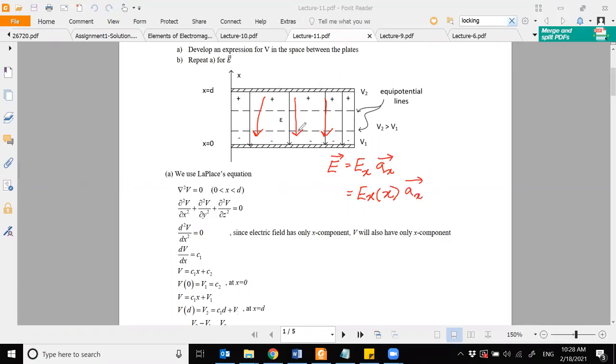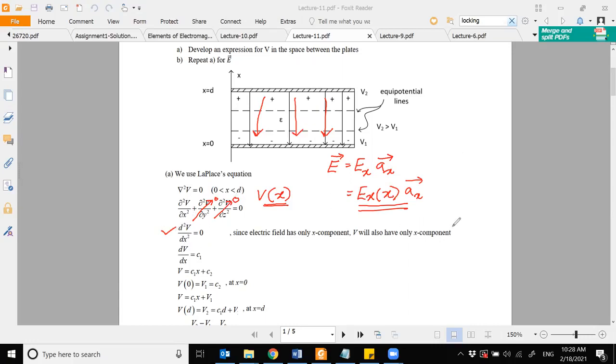So that's why we are saying that my potential V will also be only a function of spatial coordinate X. Therefore, this and this will become 0. And now with this, our differential equation is d square V over dx square is equal to 0.